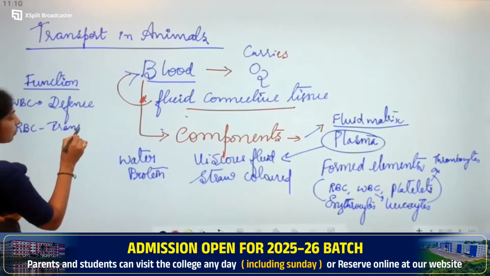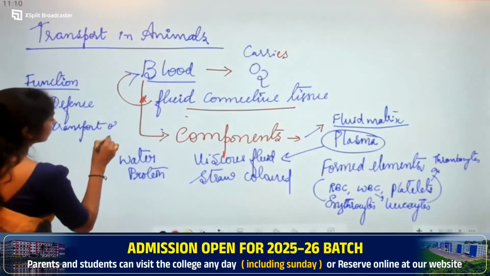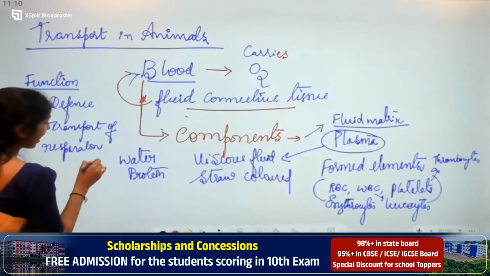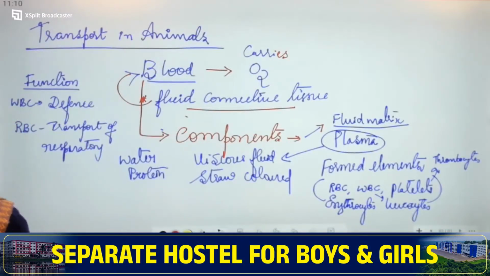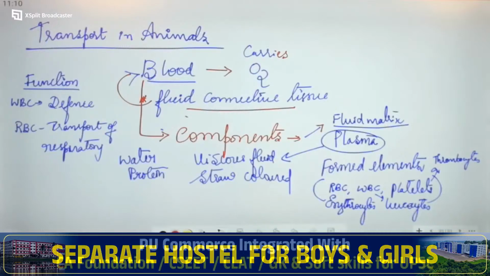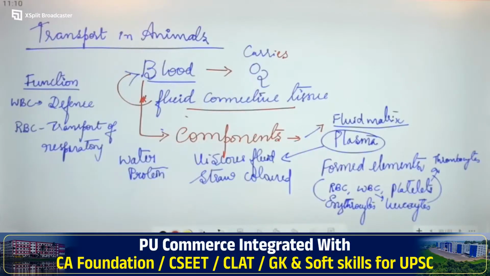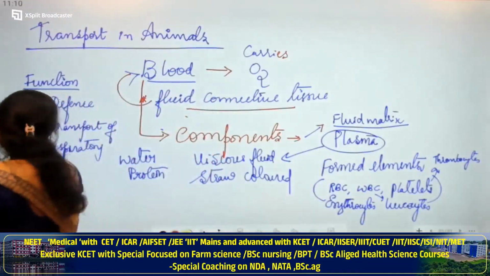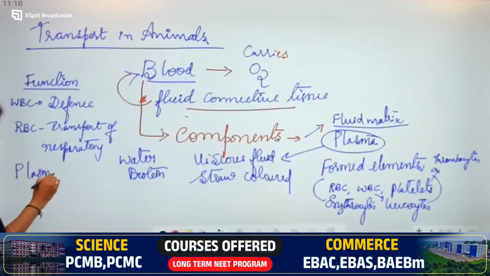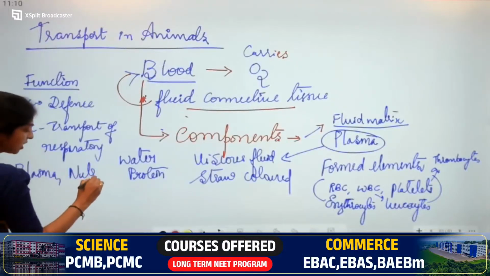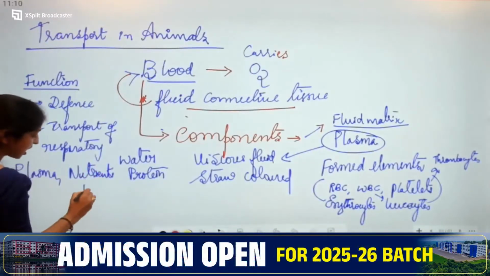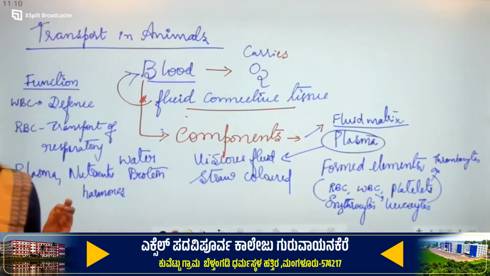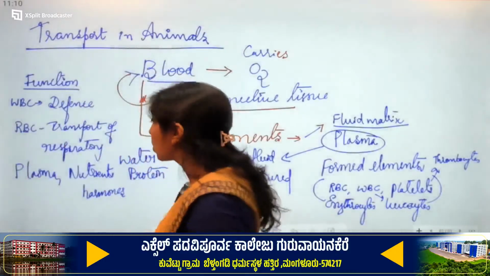So, what is the function of RBC? Transport of respiratory gases, or exchange of gases. Then plasma helps in the transport of nutrients and hormones, and some of the proteins present in the plasma also help to clot the blood.